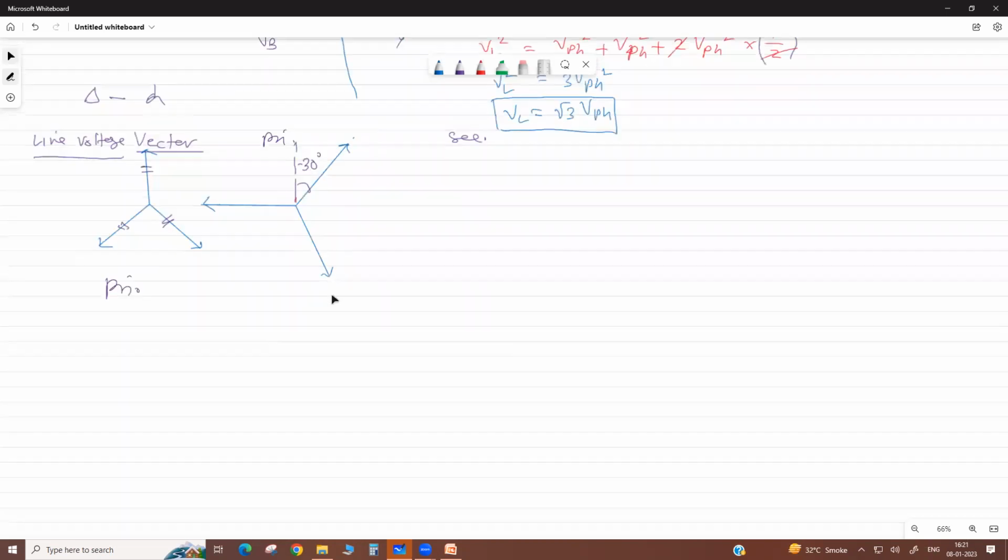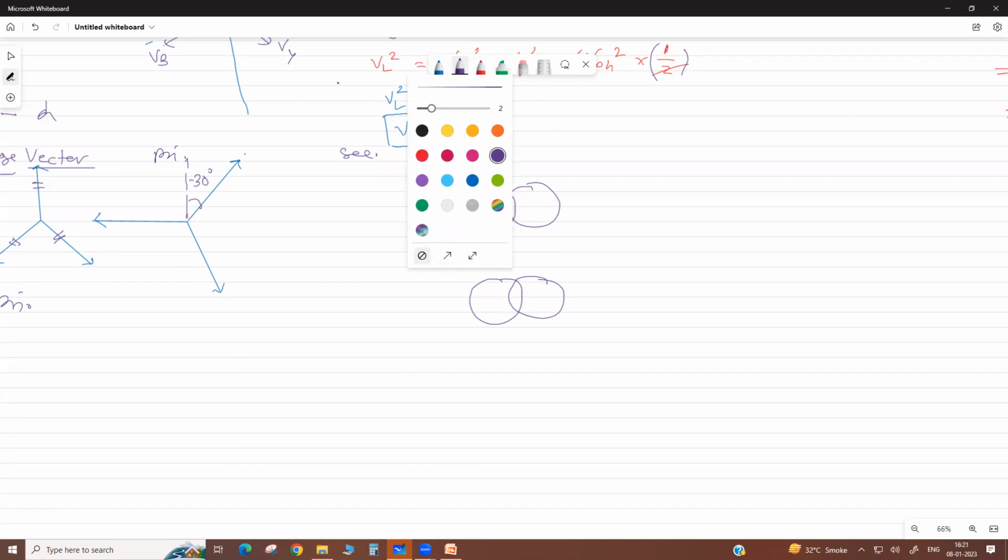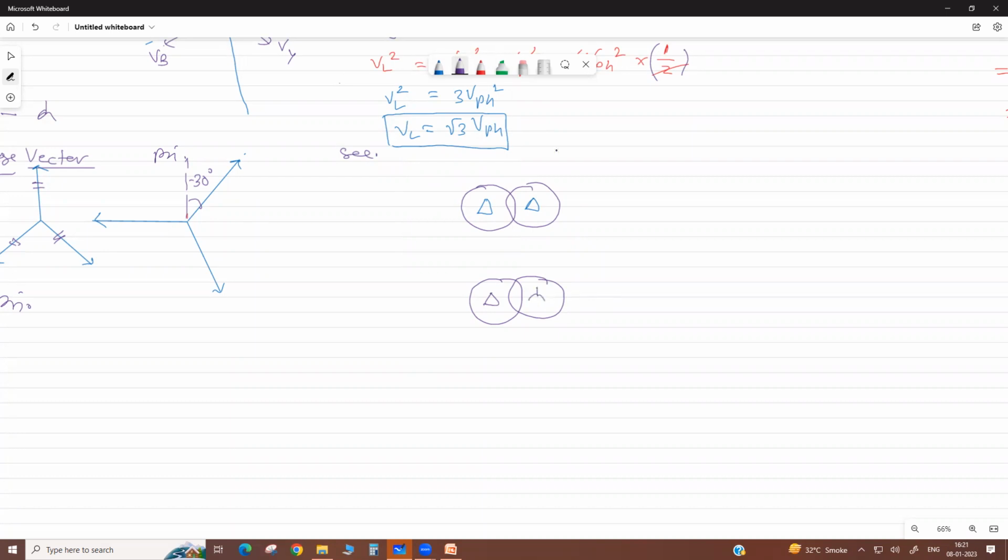Now we discuss one thing. Suppose you have two 3-phase transformers with the same capacity, same turn ratio, everything, but their connections are different. Suppose one is delta-delta or star-star, and here we take a delta-star.